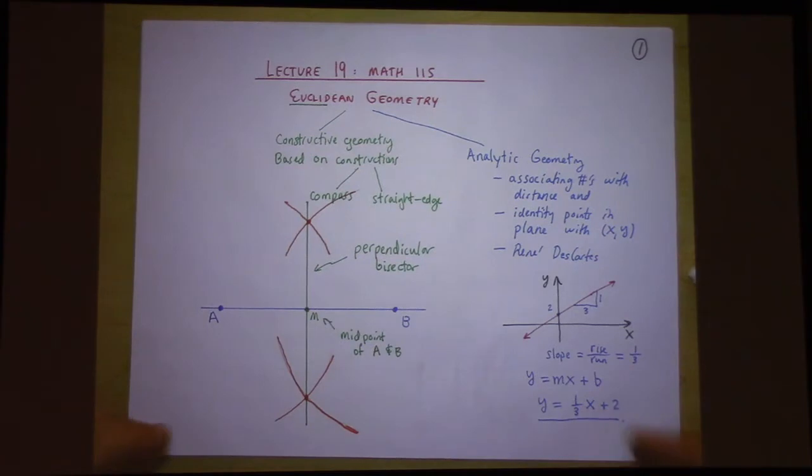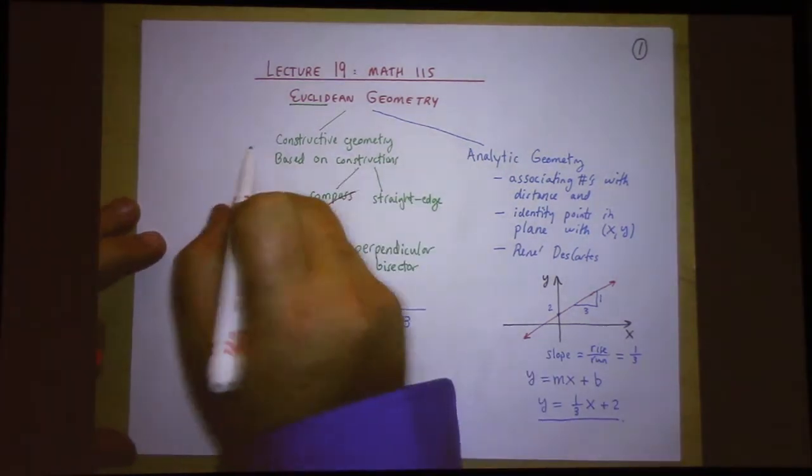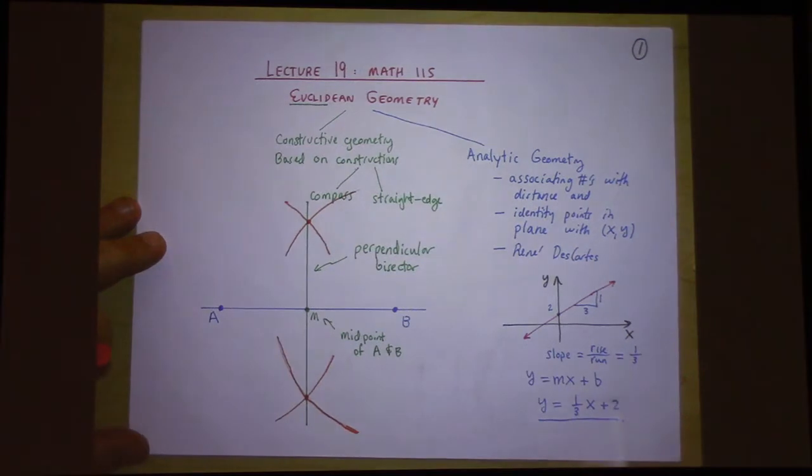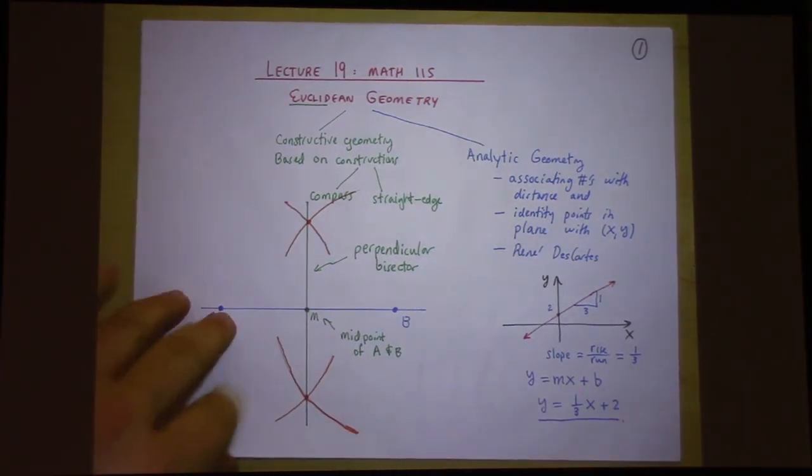But it turns out that there are limits to constructive geometry. All right, so I'll tell you a little bit more. Here are some famous things you cannot do in constructive geometry. Things you can't do. It's too much for this page, so I'll go to the next one, page 2.